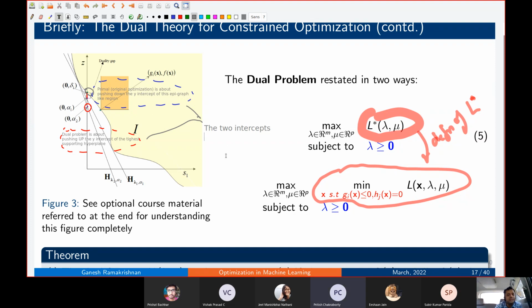In this case, the tightest hyperplane, do you see a gap here? Yes, there is a gap between them in the figure. They are not meeting. I'm talking about y-intercepts. The two y-intercepts don't meet. This is called the duality gap.